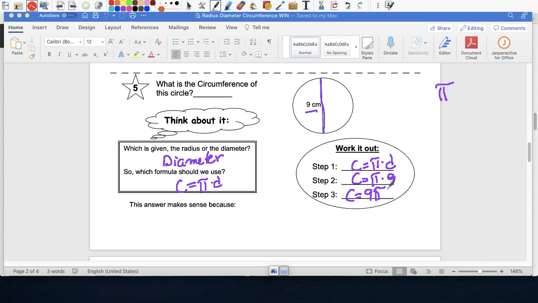So the circumference is 9 pi, or the numerical value, 9 times pi, put in your calculator, enter, you get 28.27 centimeters. So we have two versions. These two answers would be correct. So what is the circumference of this circle? You can say it's 9 pi centimeters, or 28.27 centimeters.